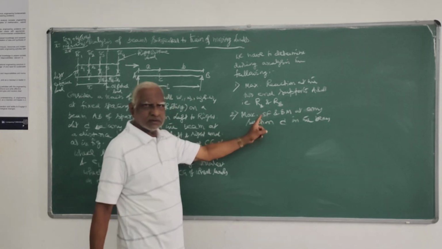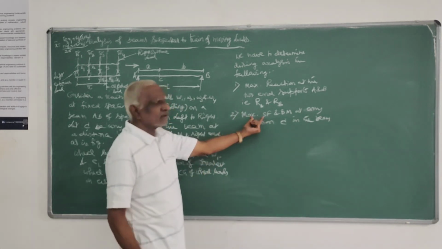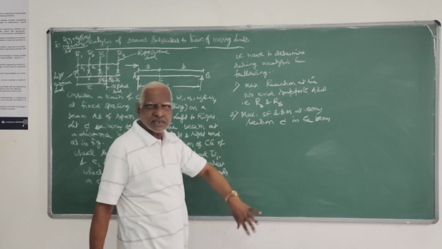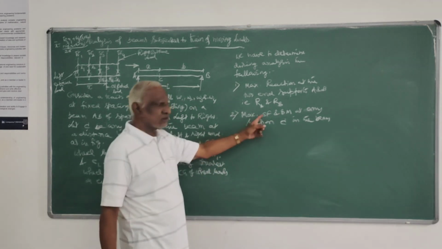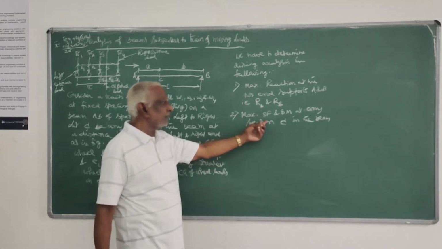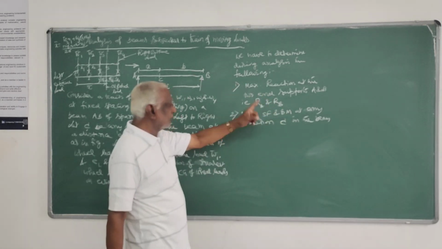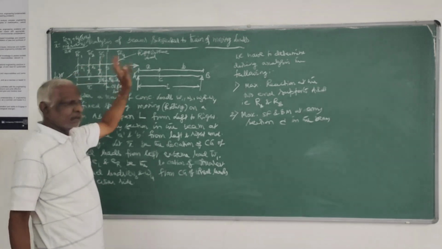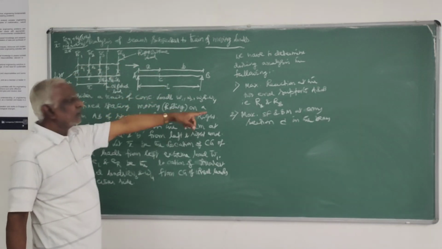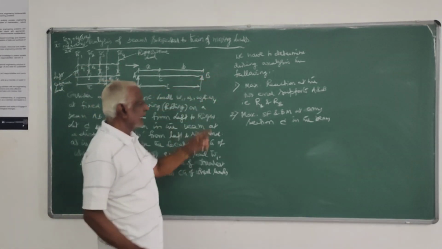In the case of shear force, you have two varieties, negative as well as positive, that you know. So maximum negative shear and maximum positive shear, both you have to determine, as well as maximum bending moment at any section, that is this point C, during the analysis.